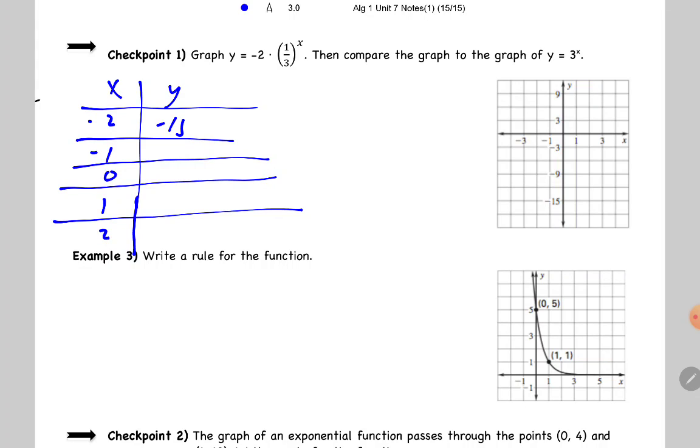So I'll get -18, -6, -2, -2/3, and -2/9. Just like last time, it'll be flipped over the x-axis. This is a reflection. So -2, -18; -1, -6; 0, -2; and then super small for these guys.